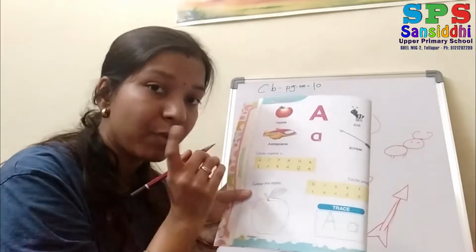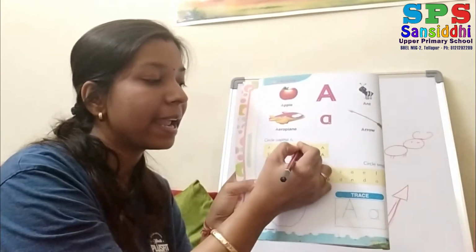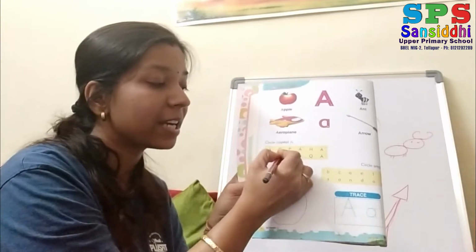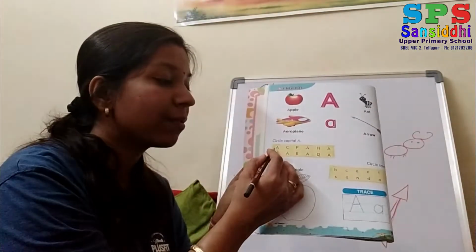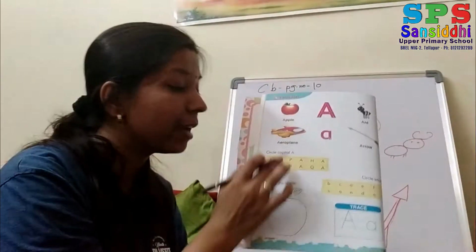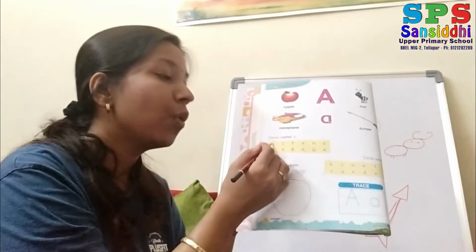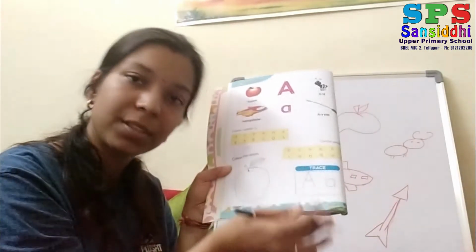But what you have to do? You have to circle only capital A. See, I am circling. Do the same thing at your home. You have to circle only capital A, not other letters. Don't circle other letters, okay? Only identify the capital A and circle it.